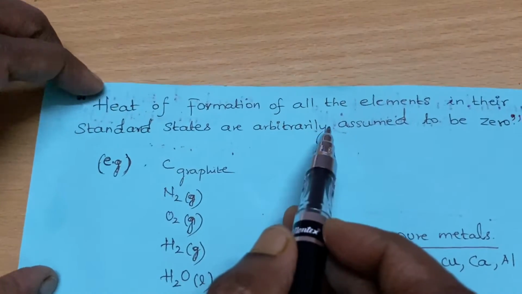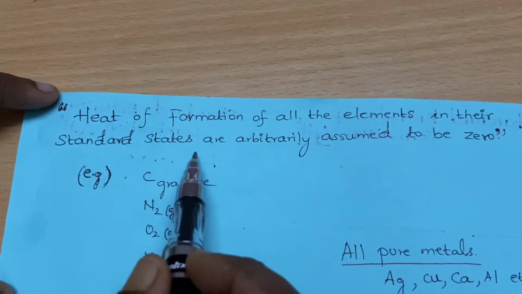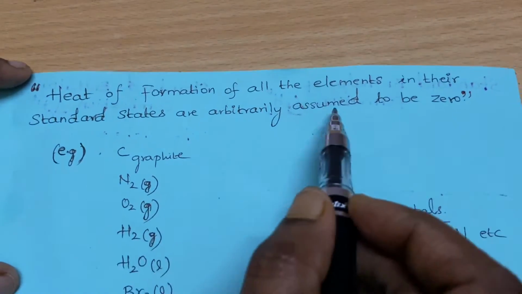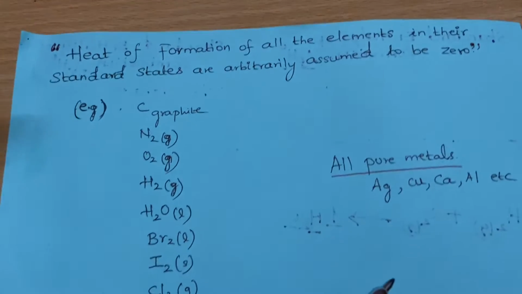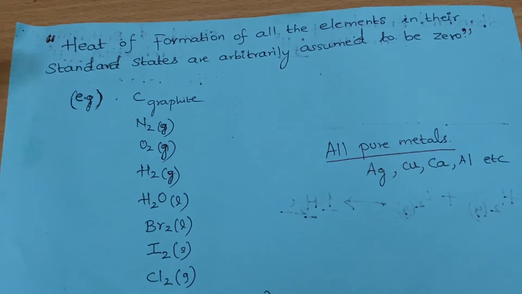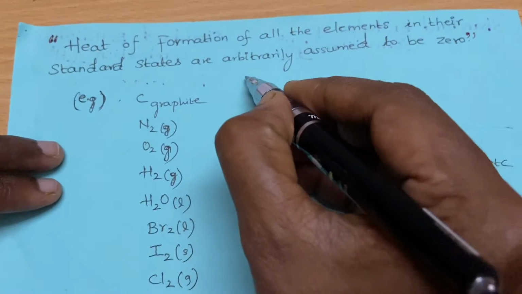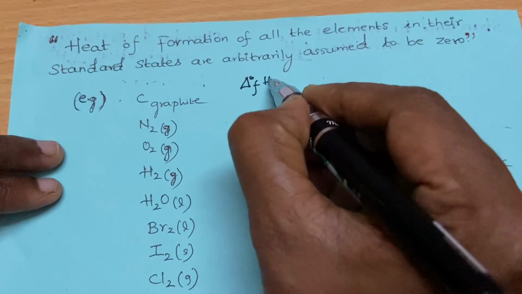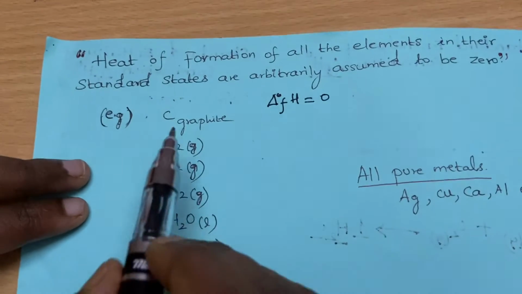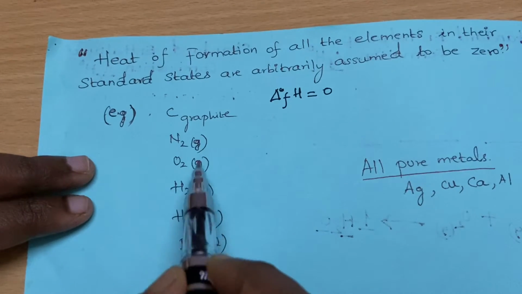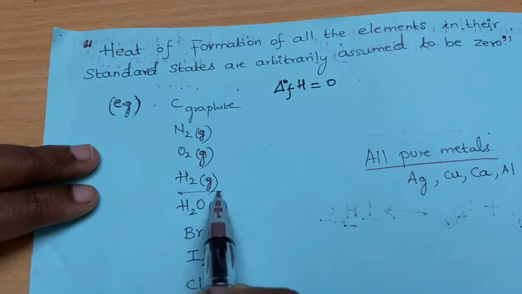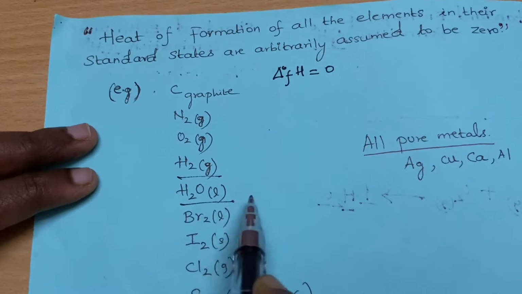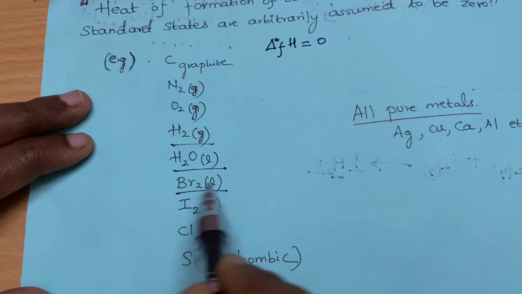The heat of formation of all the elements in their standard states is arbitrarily assumed to be 0. These occur in nature and we don't supply any energy to prepare them specifically, so in pure form in the standard state their enthalpy of formation is equal to 0. So what are they? Carbon as graphite, nitrogen gas, oxygen gas, hydrogen gas, water liquid and not vapor, and bromine liquid and not vapor.